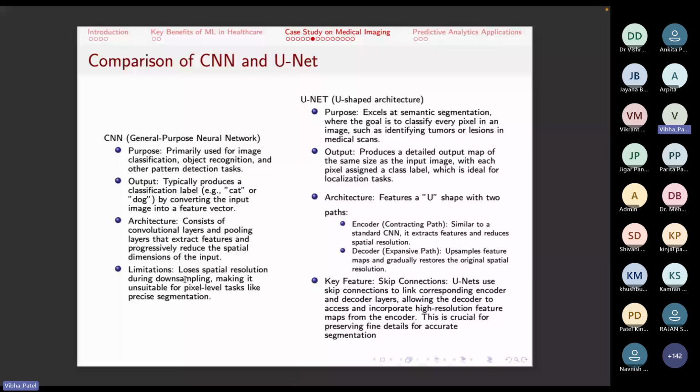This is a very broad categorization of an object. So if your task is only to detect whether a tumor exists or not, then you can definitely make use of CNN.